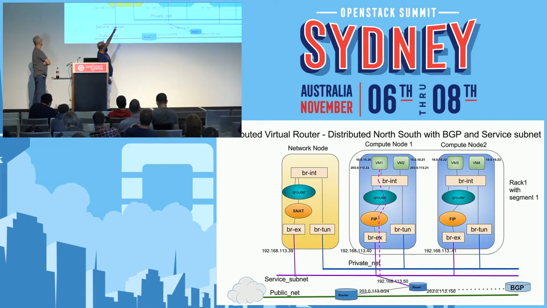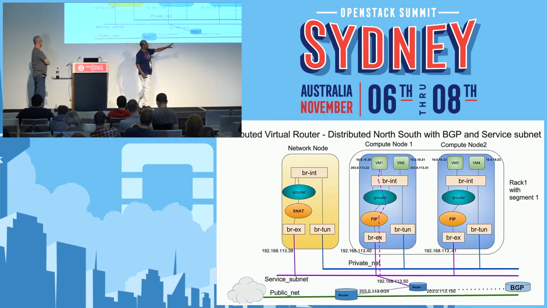The floating IPs are consumed from the public IP range that you just created, 203.0.113, which is the external router that you have. Then you created a service subnet type with the 192.168 address. That's where the FIP agent gateway port gets an IP address from. All those service subnets have a 192 scope, so it's not going to consume any public IP addresses; it's all private.